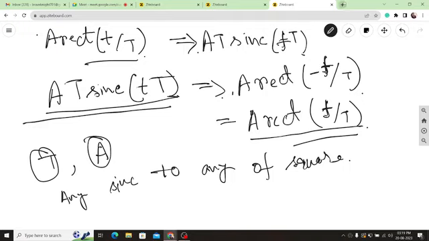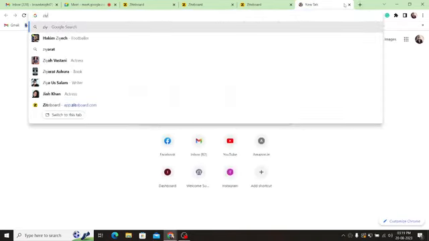And also someone asked what will happen in case of a triangular function.